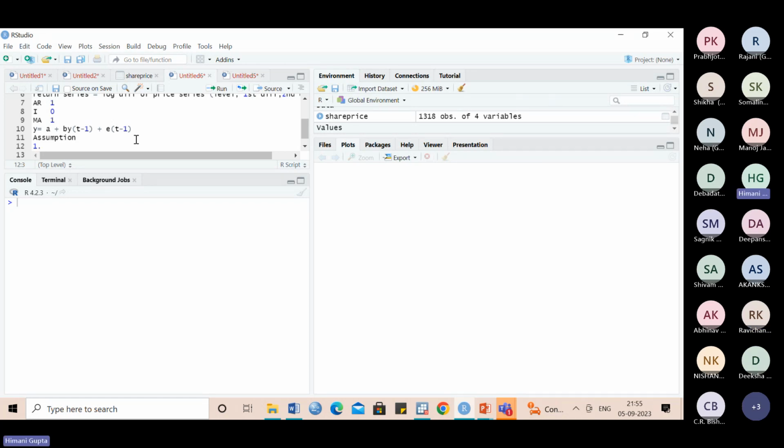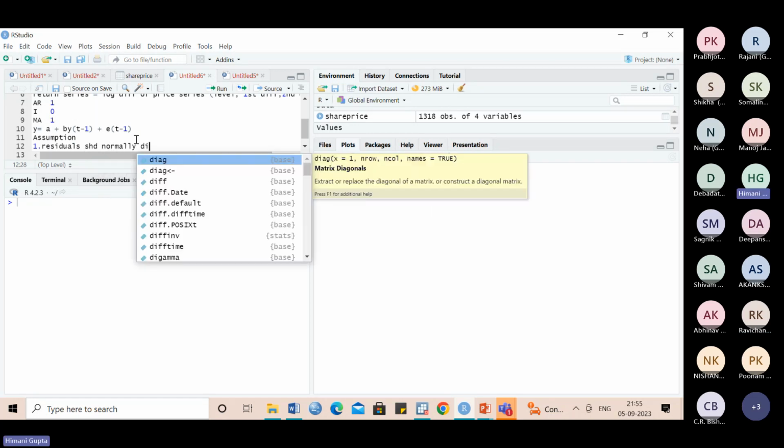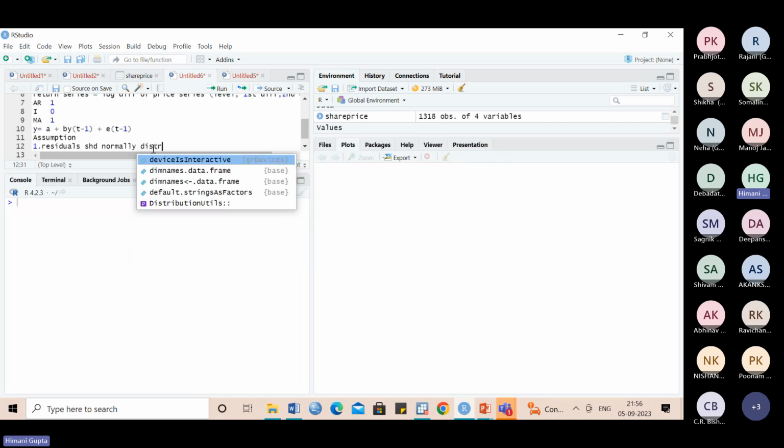Residuals should be normally distributed. So I will check this, because you have said this is a regression equation, since one dependent and two independent variables are taken. So I have to check all the assumptions now. Residuals normally distributed is the assumption I'm going to check.